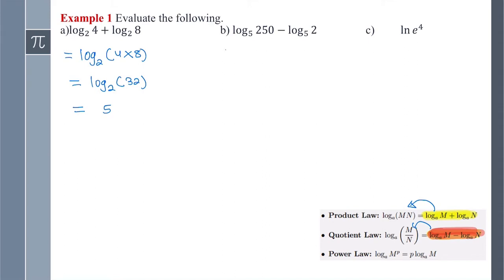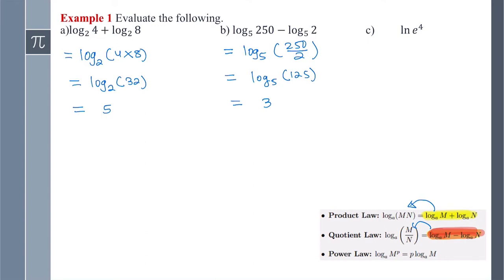So this can be written as log base 5 of 250 divided by 2, which is log base 5 of 125, and this equals 3 because 5 cubed is 125.